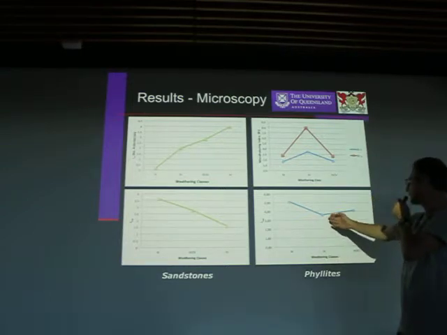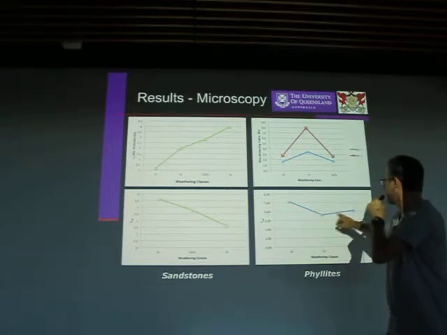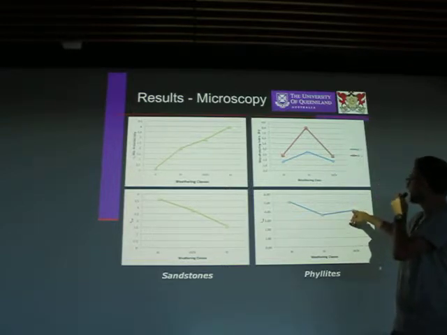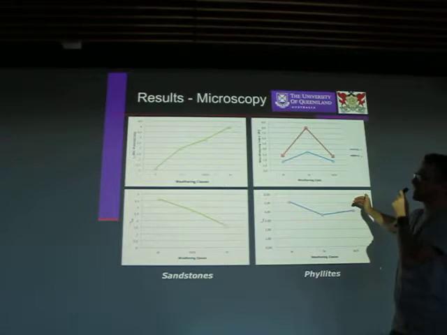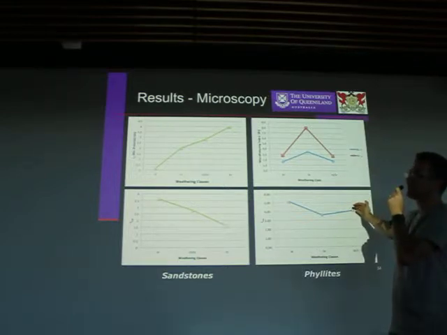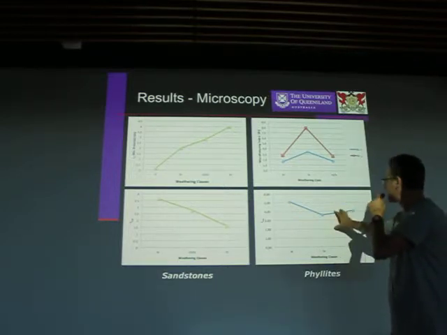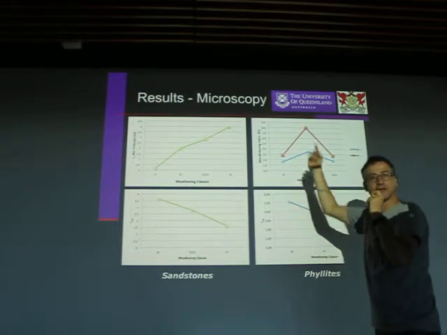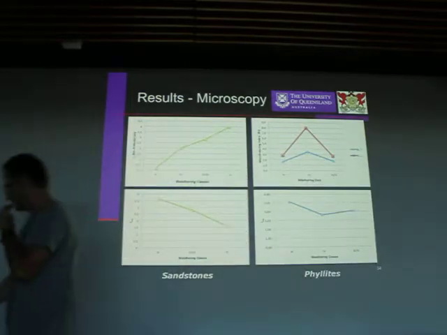This increase in the micropetrographic index is actually showing that the iron oxide content is increasing because of this weathering. So these are connected with the physical property results.